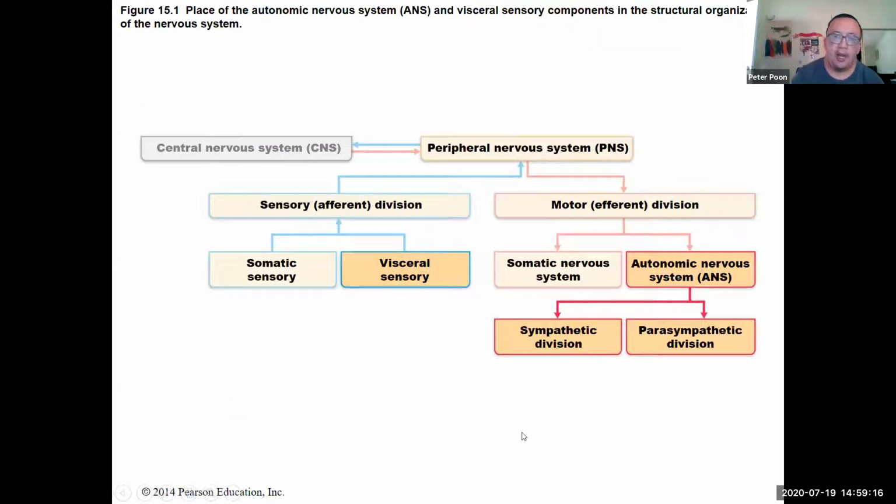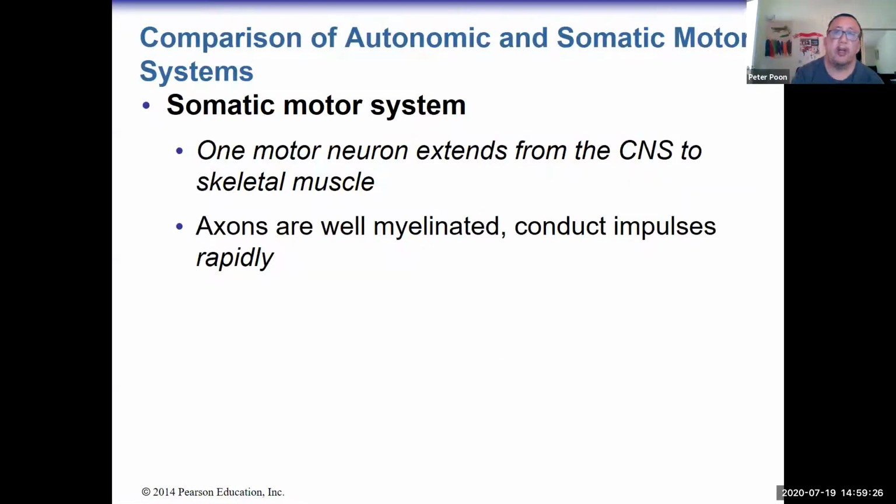So now we're looking at this thing right here, and also this thing right here, the visceral nervous system. First of all, the somatic nervous system includes one motor neuron all the way from the CNS to skeletal muscle.